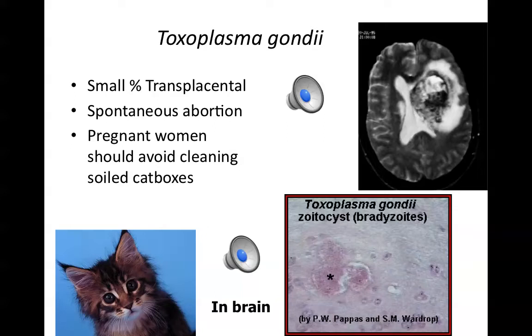Pregnant women are often asked to either not clean the kitty litter box, or if they do, be extremely careful to use a no-dust formula, to wear gloves, make sure that there are good disinfectants and cleaning agents, and just be sure that there's no possible way for the transmission of this potential pathogen from the kitty and the soiling of the cat box to the pregnant mom, because this kind of central nervous tissue damage or brain damage can occur even in the developing brain during pregnancy.